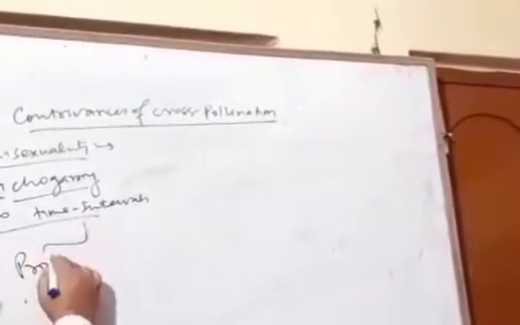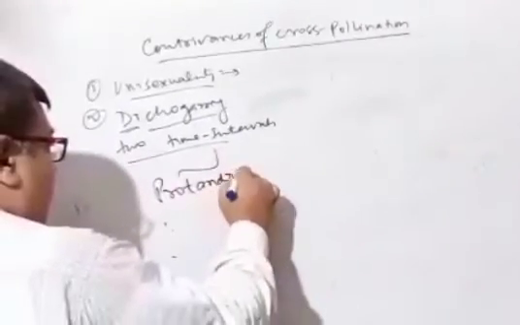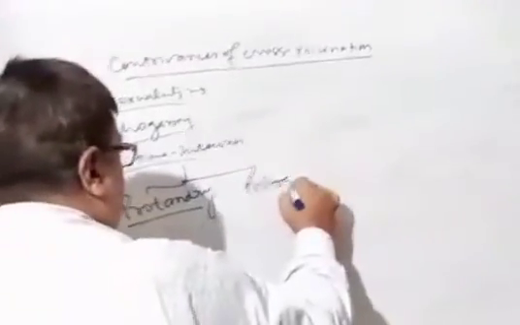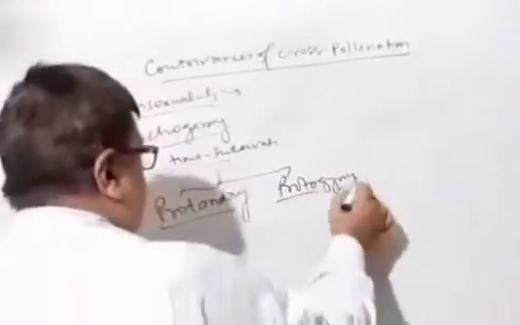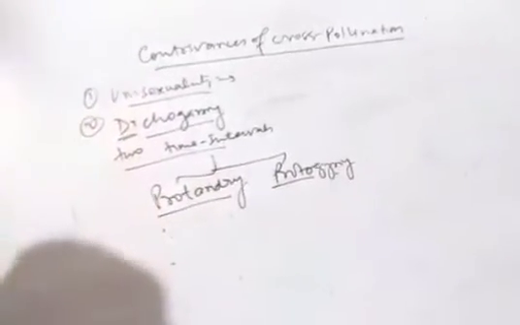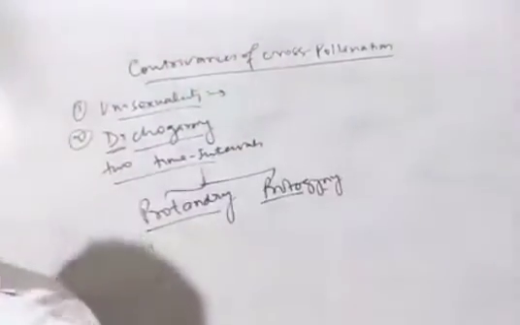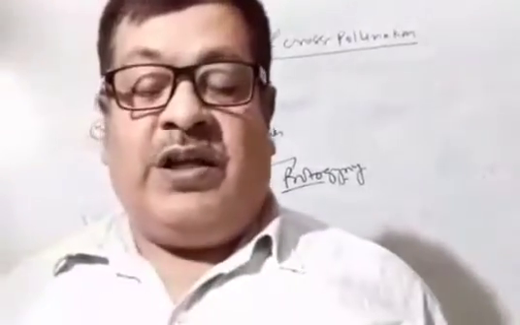Prot means first, andry means male. Male matures first, or protogamy means the female matures first. In these two conditions, only cross pollination is possible.